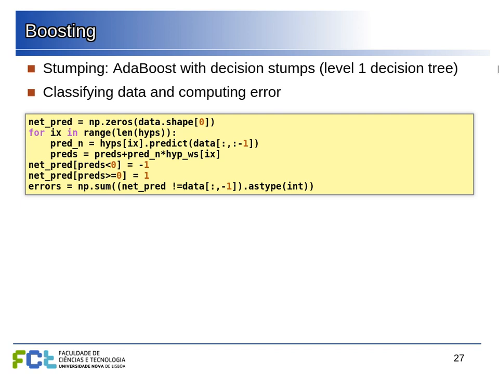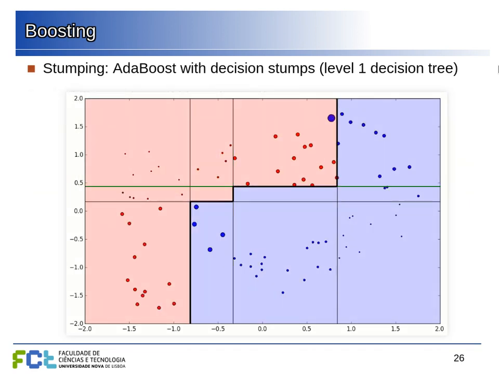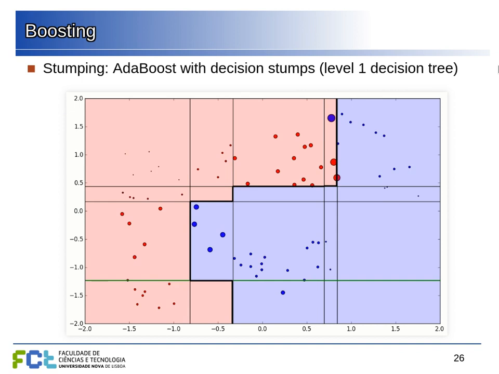Then we get the net prediction, and we can use the sign function, going to -1 or 1 depending on whether the overall result is positive or negative. So remember that the final classifier is not any particular one of these stumps, but the linear combination of all of them that we train.